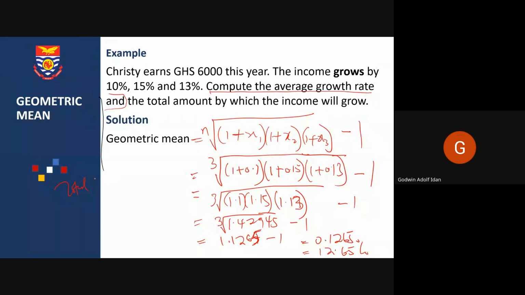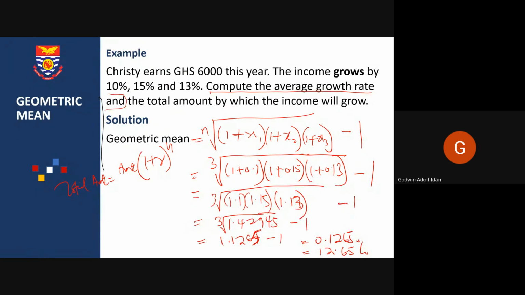Total amount is the amount multiplying 1 plus r raised to the power n. So by this new formula, our amount is the one given in the question.